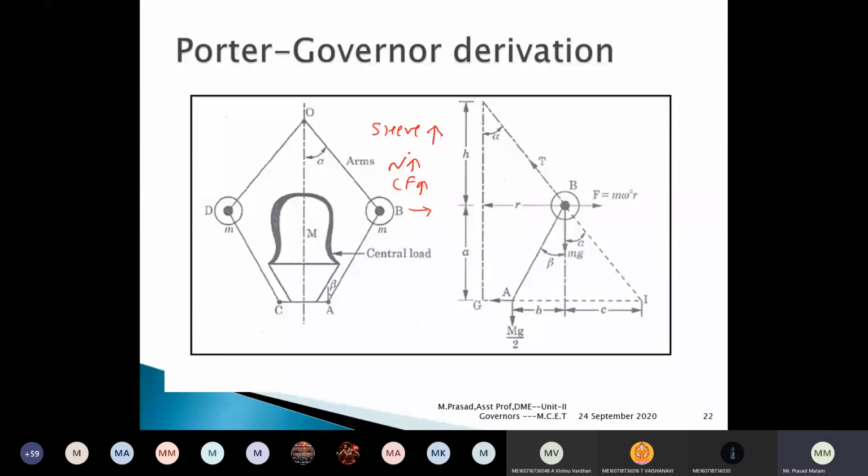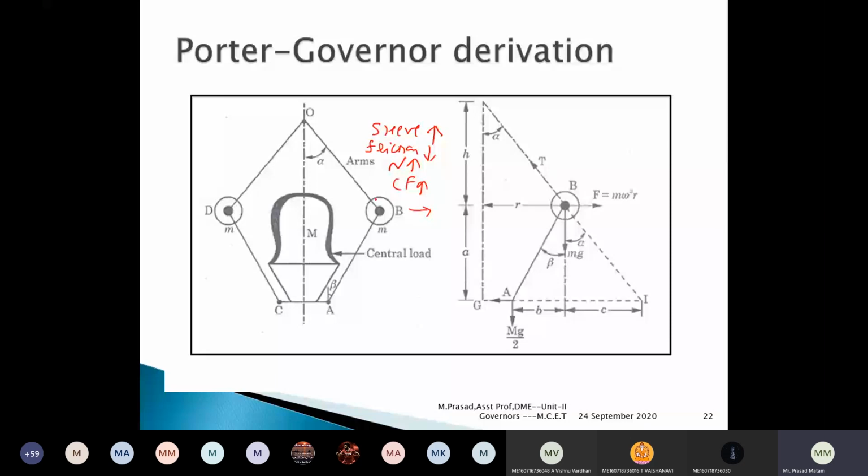In that case, where is the friction acting? When the sleeve is moving upwards, friction will act in the downward direction. So when it is acting downwards, you have to take friction as minus.